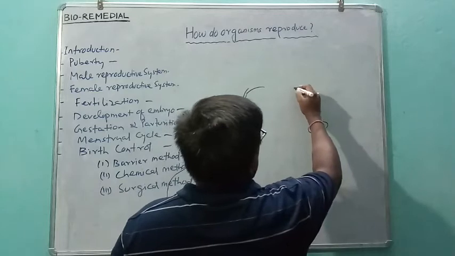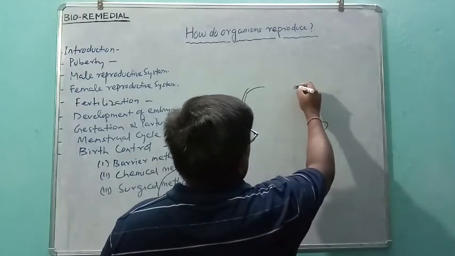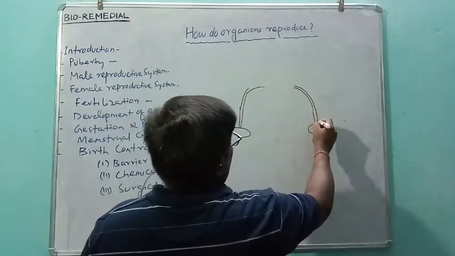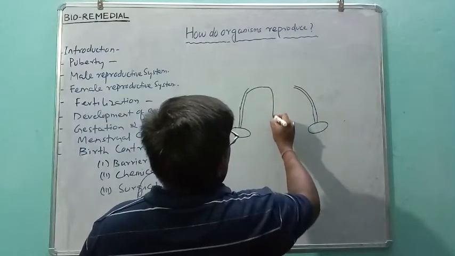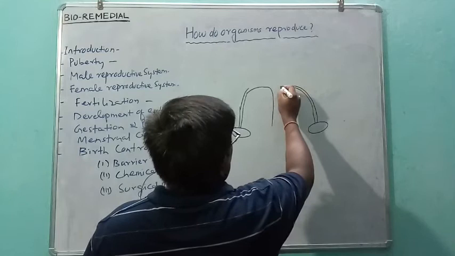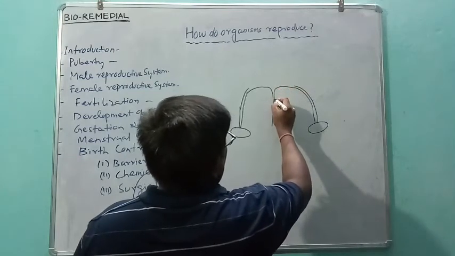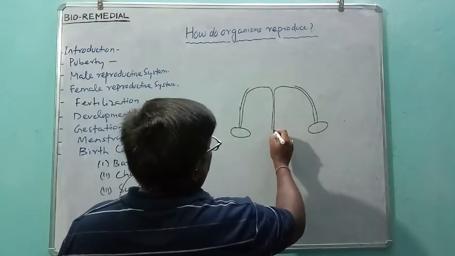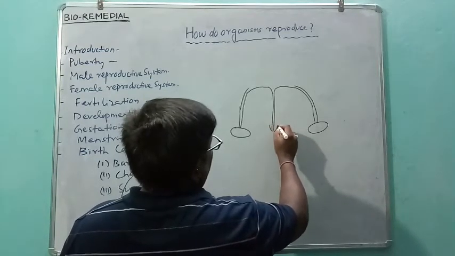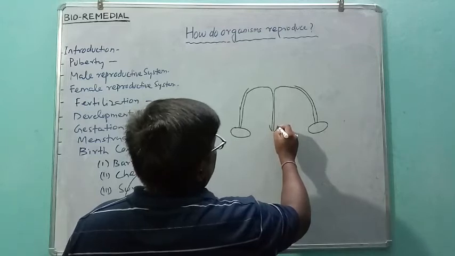Then here also another duct attached to the testis. Then these ducts come and join the urethral meatus.